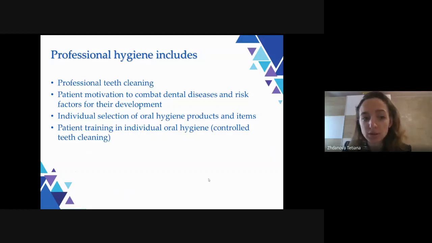Professional hygiene includes, first of all, professional teeth cleaning. The second, patient motivation. Then individual selection of oral hygiene products and items, and patient training in individual oral hygiene. Then we have the step of control teeth cleaning.